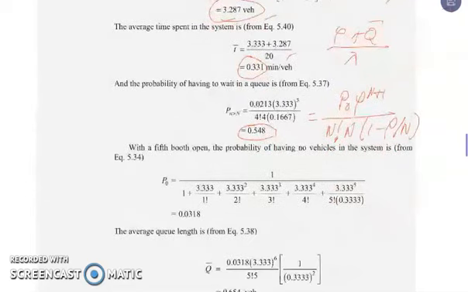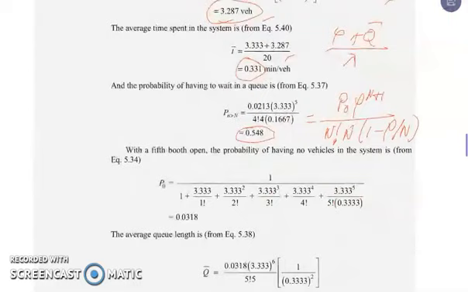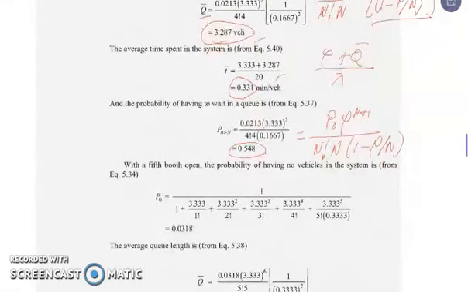So we start from 0 to 5. We make use again of the equations so that we can compute P sub 0, the probability of having no vehicles in the system if the fifth booth were open. It gives us the result of 0.0318. You have to take note that, of course, we started from 1 because we simplify rho raised to n sub c all over n sub c factorial when n sub c is equal to 0. Rho raised to 0 is equal to 1.